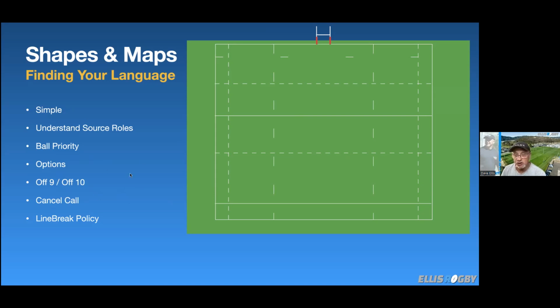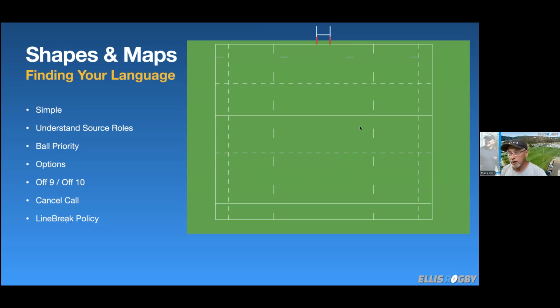You always need a call that's going to cancel everything and say all bets are off. And that might happen from a line break. So line break policy for me is a line break means, okay, all bets are off. There's no shape anymore. We're going. If you get tackled and a breakdown happens, then you look to get to an edge again so you can get back into shape if you have to.